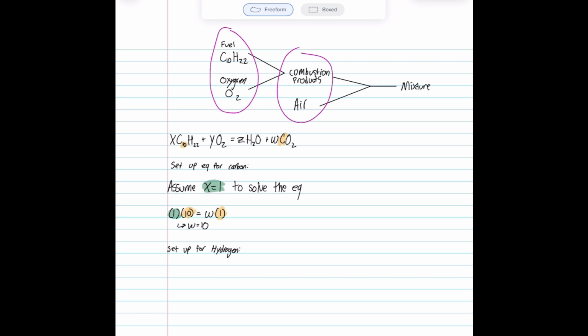Now we need to set up an equation for hydrogen. On the left side, we still have x equals 1 associated with 22 hydrogens. And on the right side, we have 2 hydrogens associated with Z. So Z equals 11.